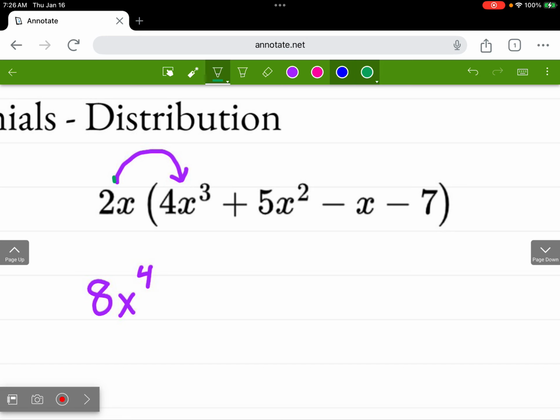All right, so our next piece, we're going to take our 2x times our 5x squared. So our plus sign comes down. 2 times 5 gives us 10. And x times x squared gives x to the third.